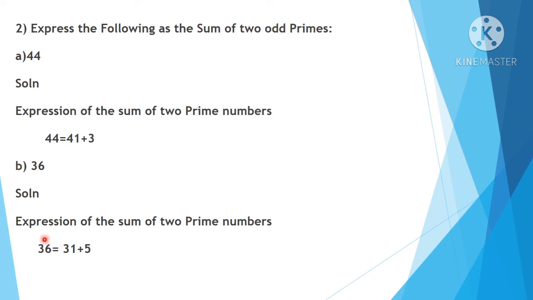So 31 plus which number will give you the answer 36? 5, right? But you want to check whether 5 is a prime number. It should be a prime number and also an odd number. So 5 is a prime number. You know it will have only 2 factors, and it is also an odd number. Now you got the answer.